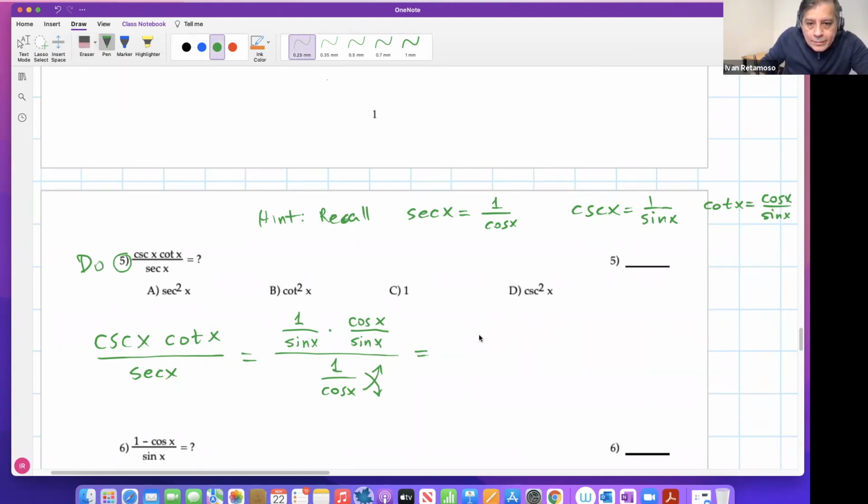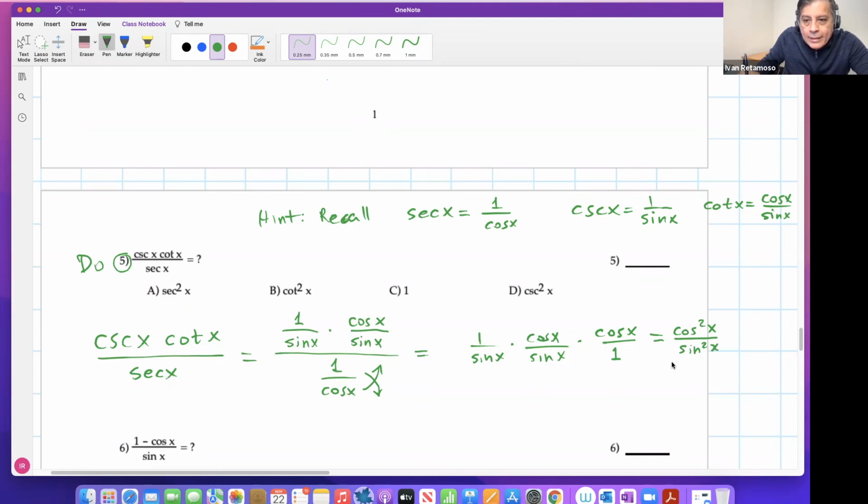So let's do that and see what we get. We get 1 over sine of x times cosine of x over sine of x times the reciprocal of this, which is cosine of x over 1, right? Now look at this. Nothing cancels, but look: cosine of x times cosine of x is cosine squared of x, and sine of x times sine of x is sine squared of x.